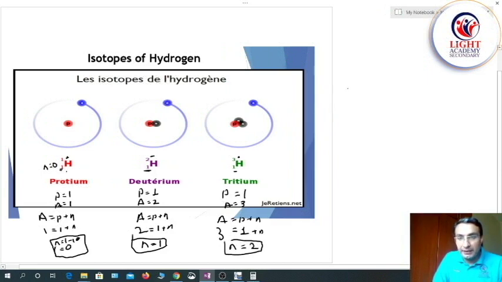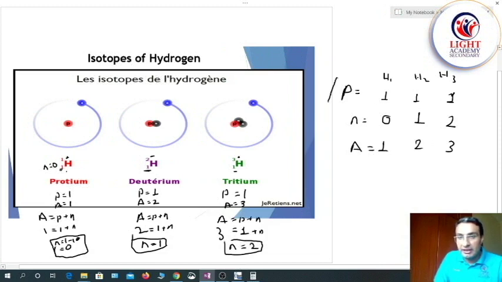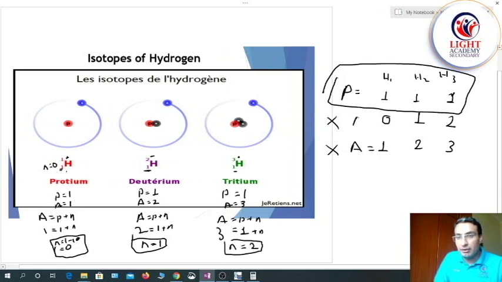The proton number of H1, H2, H3 is 1, 1, 1, but the numbers of neutrons are 0, 1, and 2. So the atomic mass, P plus N, is 1, 2 and 3. Once again, isotopes of an element are defined as having the same atomic number but different atomic masses or different numbers of neutrons.